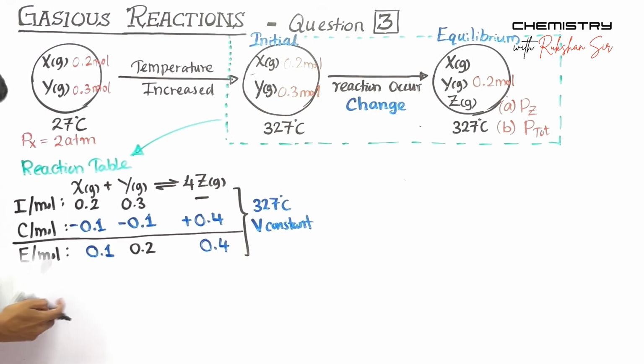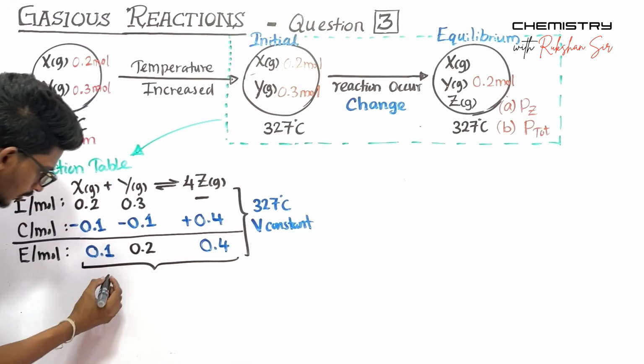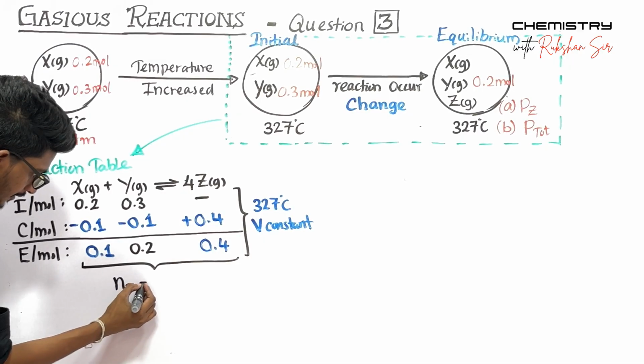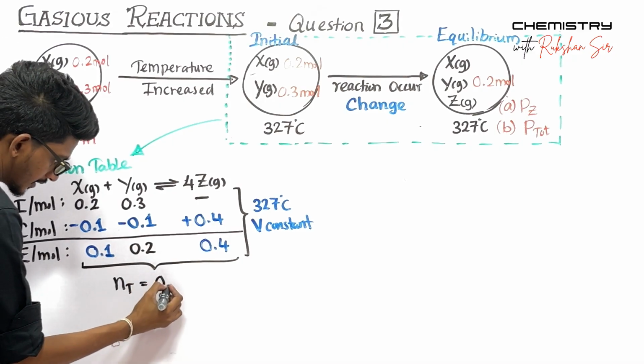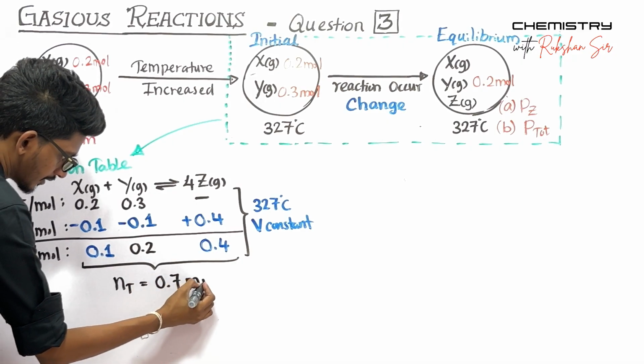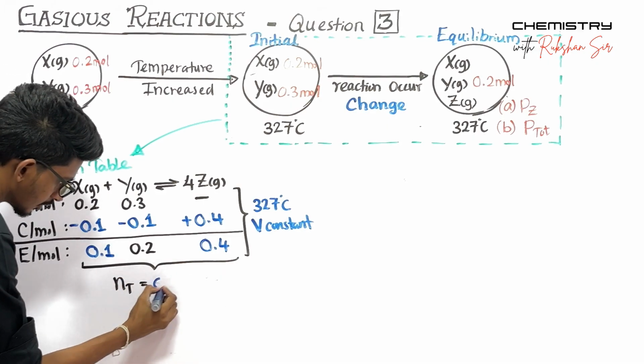This gives you your N total as well. So your N total is now what? 0.2, 0.4 and 0.1, that is 0.7 moles in total.